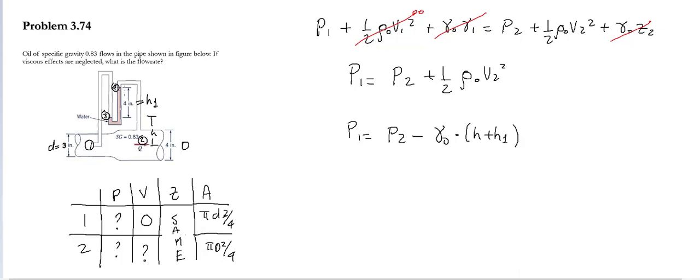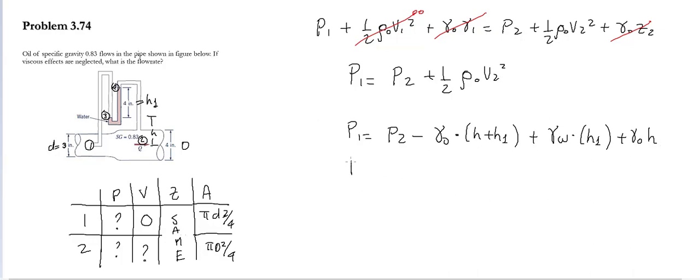Then we go from point 4 to point 3. We go down, and it's water in that case, so gamma of water times H1. And then we go from point 3 to point 1. We go down, so it's positive. We go gamma of oil times the elevation between those two points, and we'll label it as H. Can I multiply this out?